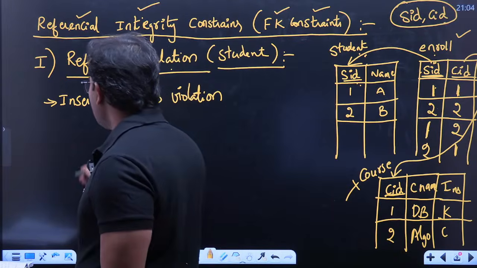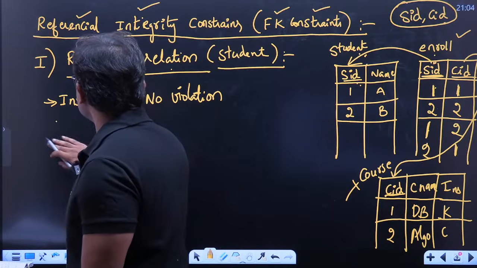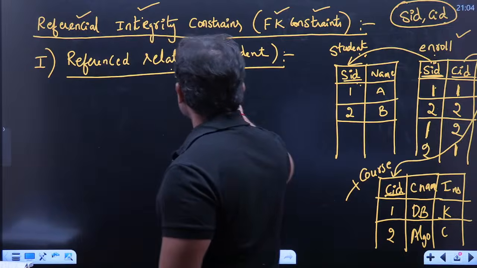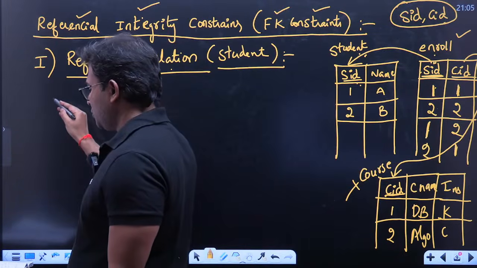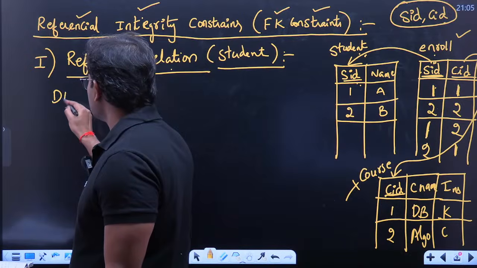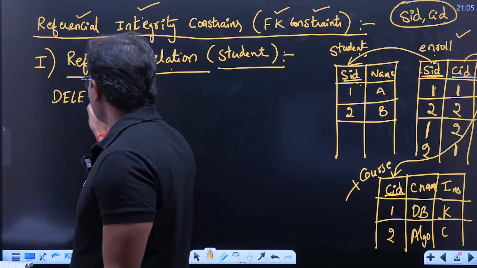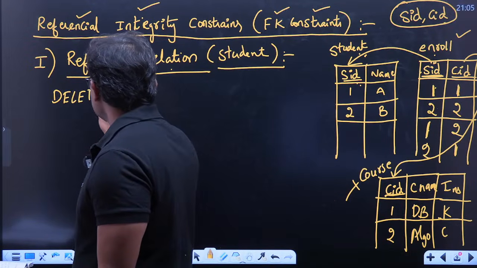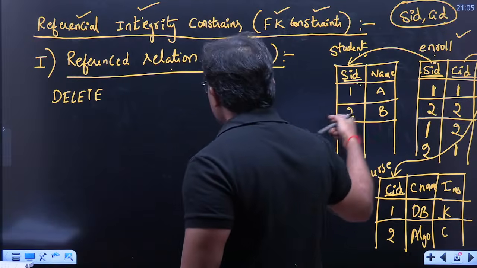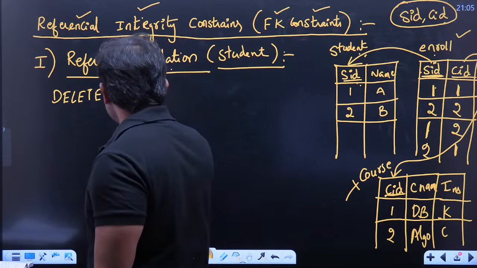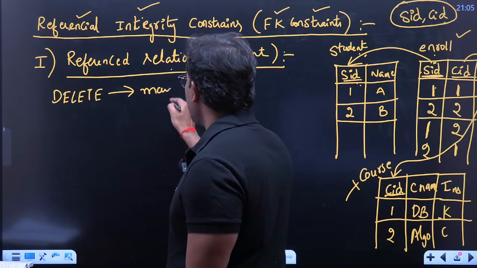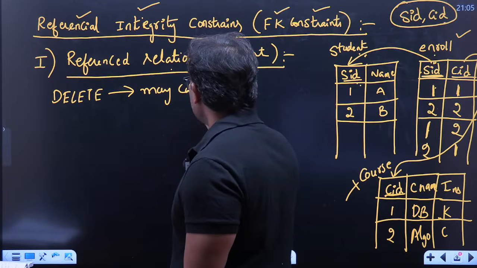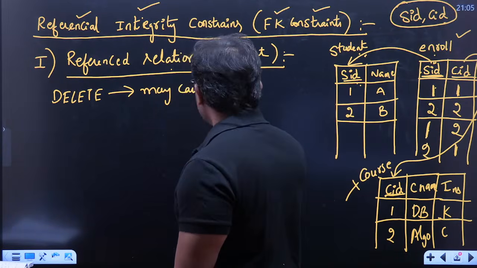When you are inserting a new student into the student table, there will be no violation. You don't have to worry about it. But when you delete something from the student table, there may be violations.